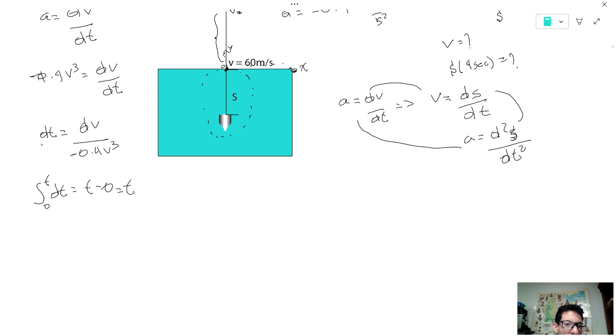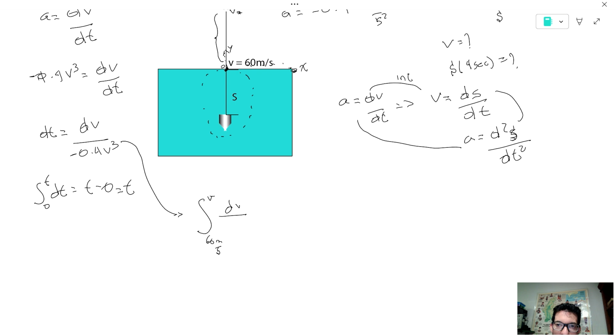So now for this part, we're going to say that the integral from where to where? The initial condition is 60, so 60 meters per second, and the final condition is unknown, so the velocity v. This is probably the toughest thing to realize. Once you know this, you're good to go. The second thing is we have to integrate in this case, because we're going from acceleration to velocity, right?